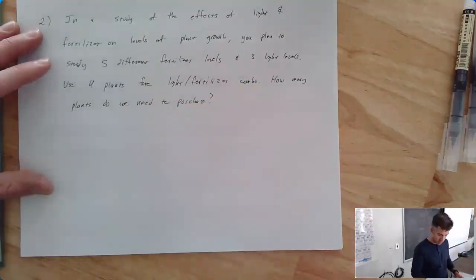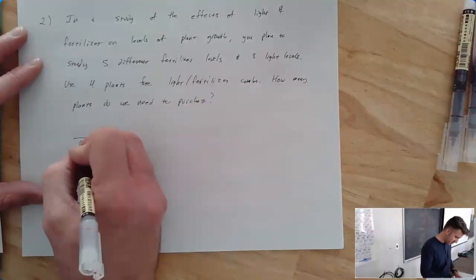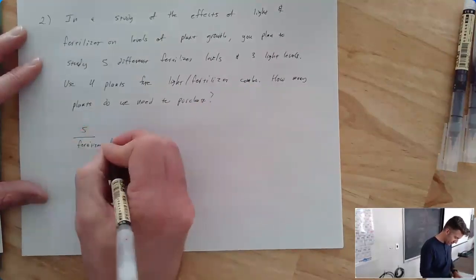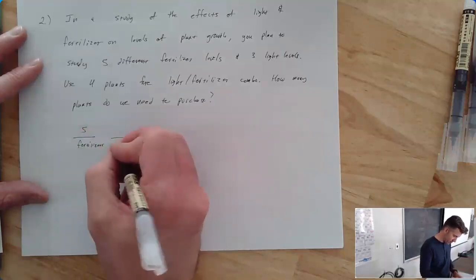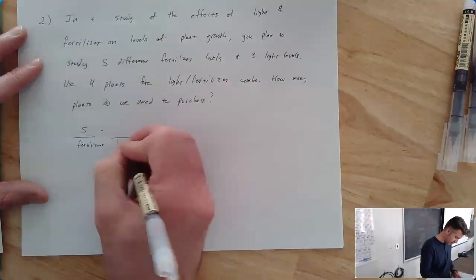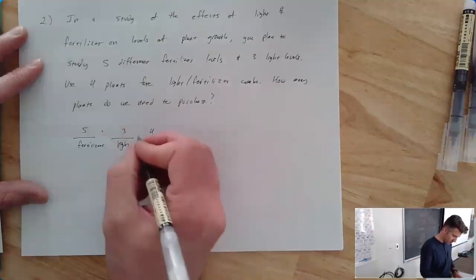Well, let's see. We have the number of fertilizers, which is 5, the number of light levels, which is 3, and then the number of plants for each combination, which is 4.